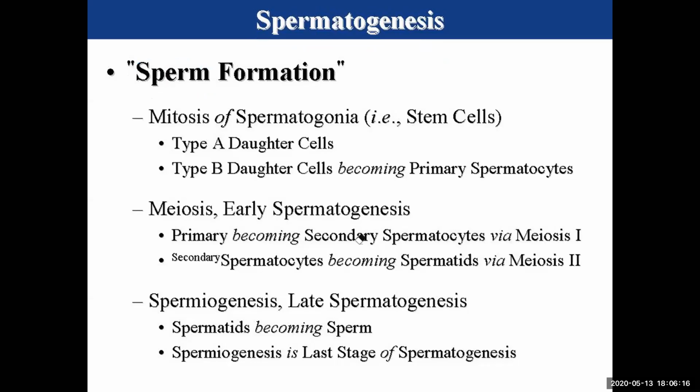And it all begins with a stem cell. That stem cell is called a spermatogonia. As with all stem cells, this stem cell has the potential to become any type of cell in the body.